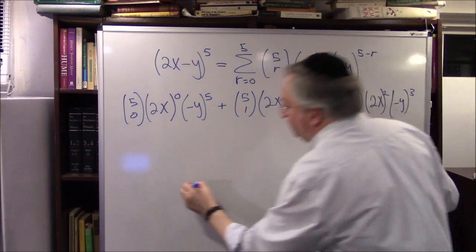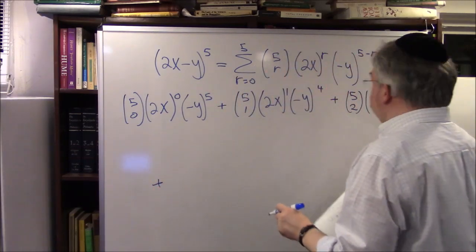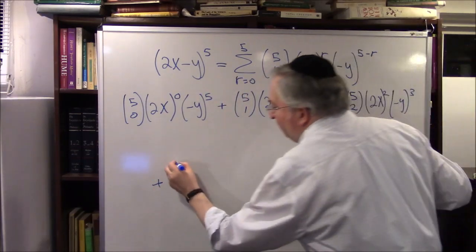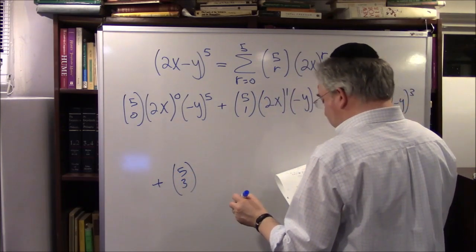Okay, let's just leave room because I'm going to fill in these values in a second. So this is plus, we did 5 choose 2, so now we do 5 choose 3. Let's write it out.